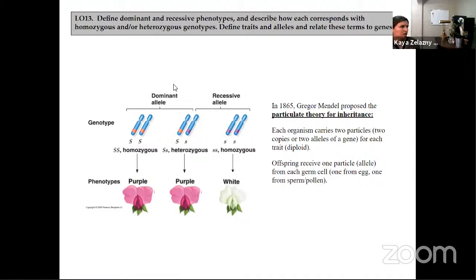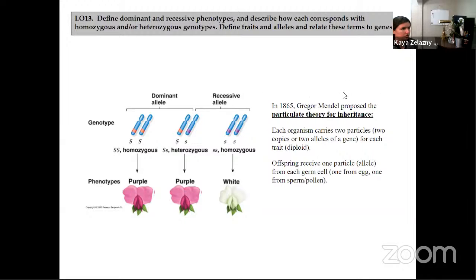Basically, after meiosis happens, we have these separate options ending up in those gametes. During sexual reproduction, gametes combine, so we get back to the diploid state and we have two copies of a trait again. And this is how we end up with inheritance.